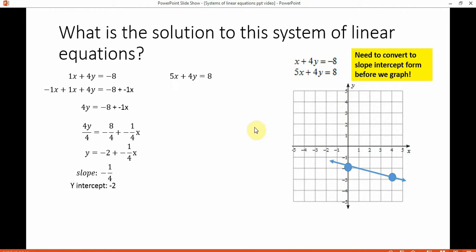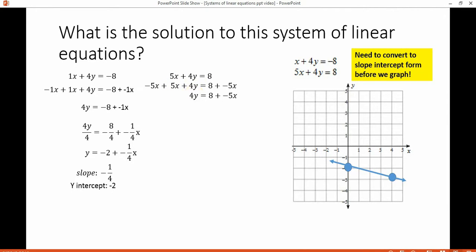Second equation. Now we need to convert this equation to slope-intercept form so that we can graph it onto this coordinate plane and see where it meets up with this first equation that I just graphed. First thing I'm going to do is add negative 5x to both sides to get rid of this positive 5x that's being added to my term with my y.